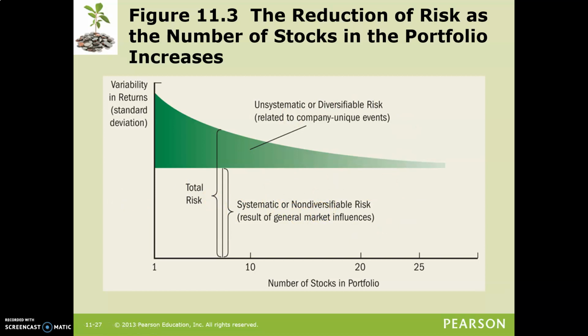For example, political risk will go across the entire set of stocks. For example, the incidence of this pandemic, COVID-19, actually affected the entire range of stocks, so it cannot be diversified away. Meanwhile, the unsystematic or diversifiable risk, you can actually diversify away. The more stocks you have, the fewer risks attach to your portfolio.